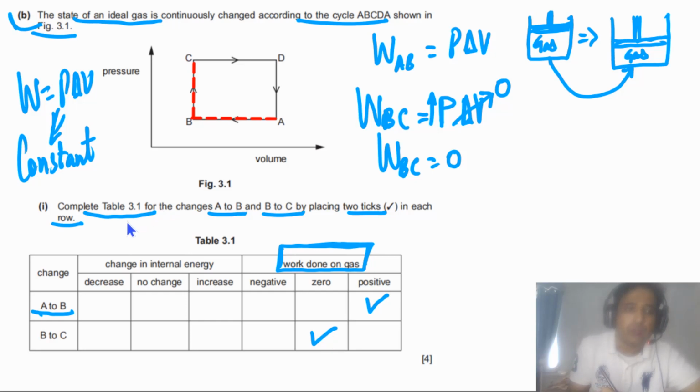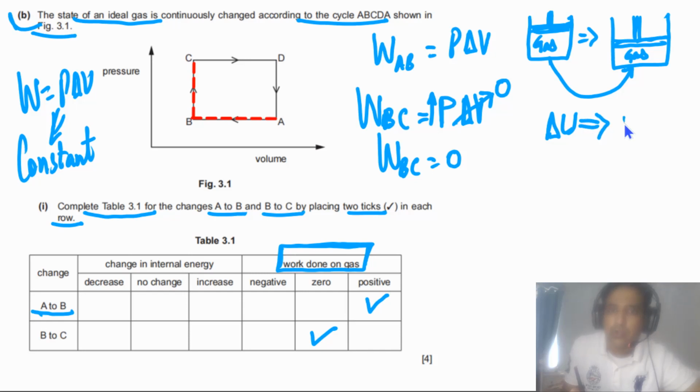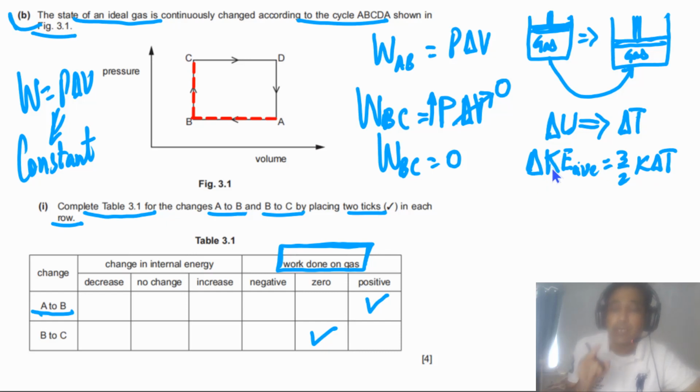Now we need to talk about internal energy from A to B, how internal energy is changing. We need to understand delta U. This depends on delta T. Delta U and delta T are directly proportional, because we have already discussed that change in average kinetic energy is equal to 3 by 2 K times delta T. And this is for ideal gases.